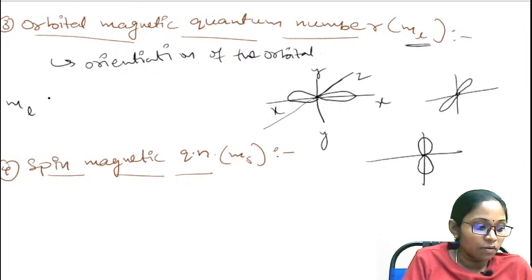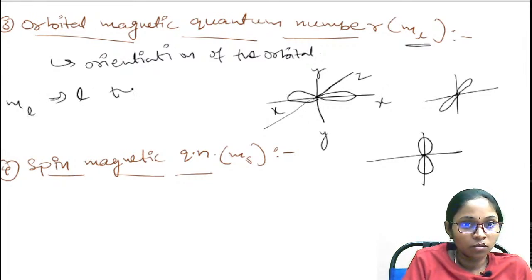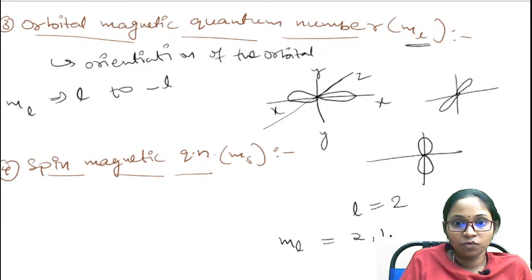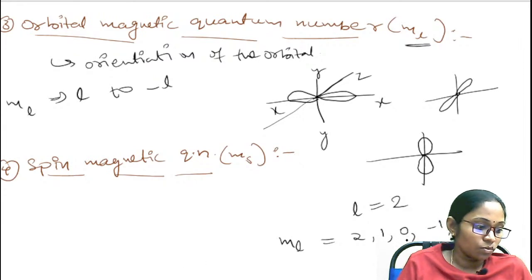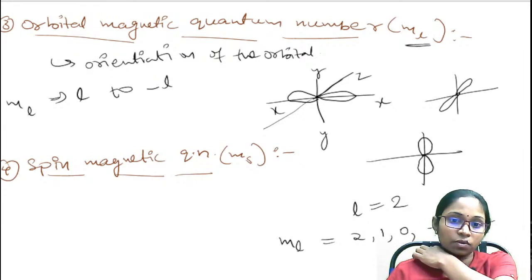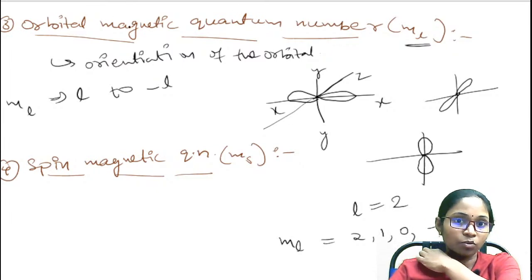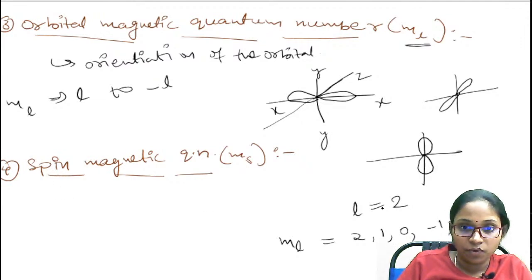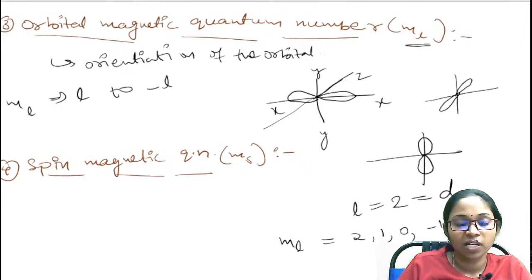ML can take the values from L to minus L. For example, if the L value is 2, the ML values are 2, 1, 0, minus 1, minus 2. This is about the magnetic quantum number. And for L equals 2, we have the D subshell.